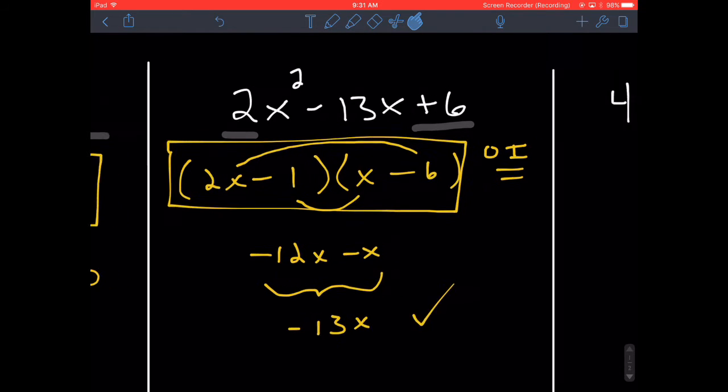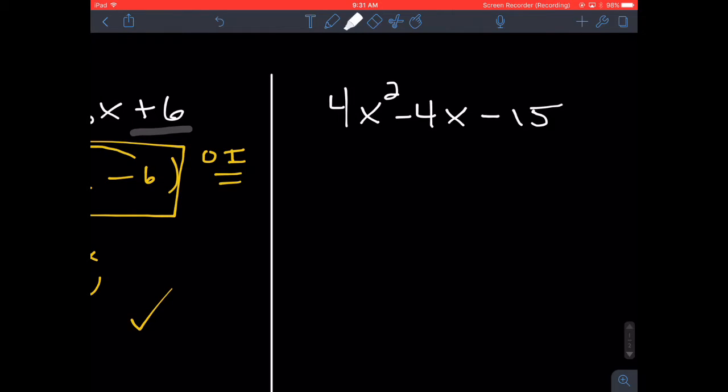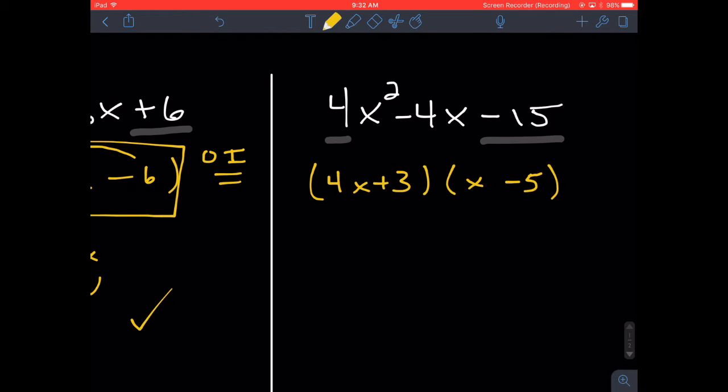Our last example is 4x squared minus 4x minus 15. So we'll be looking for two numbers that multiply to 4 and two numbers that multiply to negative 15. I'll set this up like my previous examples, where we have 4x in the first parentheses and x in the second. And since c was negative, that means I'm going to have a plus in the first parentheses, a minus in the second parentheses. To get to 15, I'm going to try the combination of 3 and then 5. So now we'll test our outer and inner products.